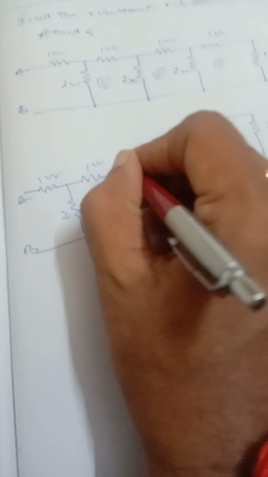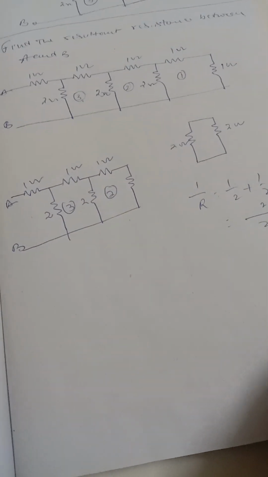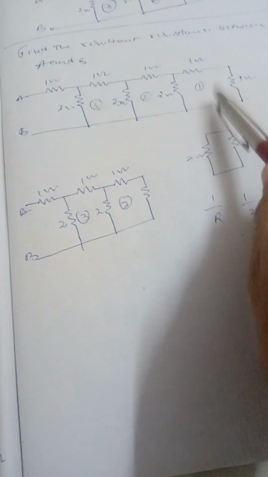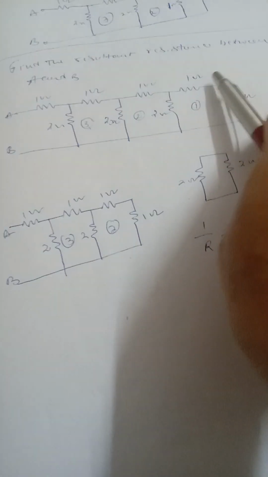Here 1 ohm, how much does this become? 1 ohm only. The first loop resultant becomes 1 ohm only. Now the first loop is over.